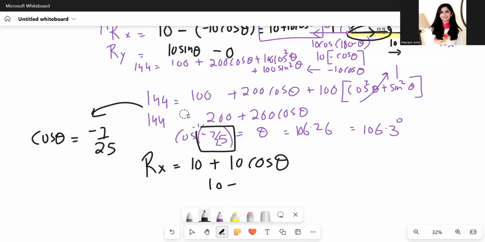That is what I'll do, which gives 10 plus 10 times minus 7 over 25. It gives 7.2 Newtons.